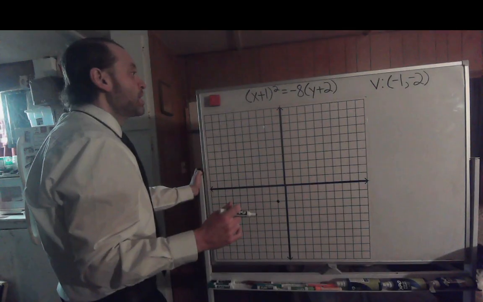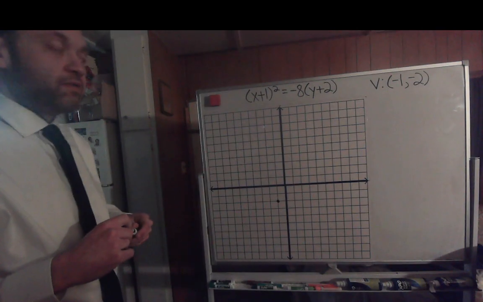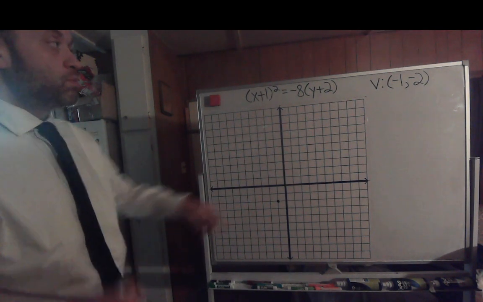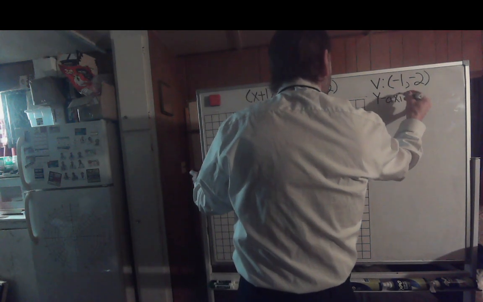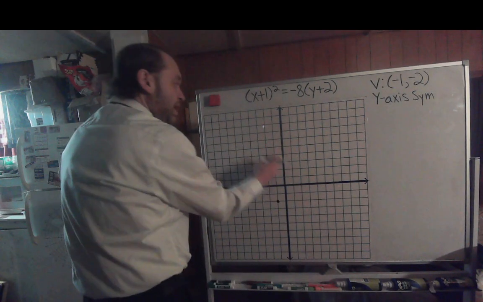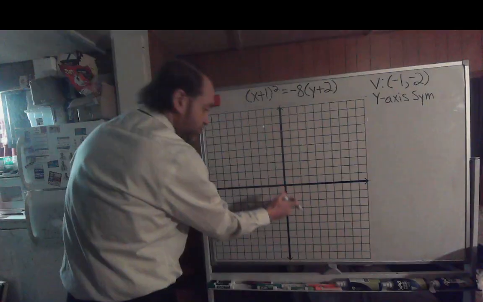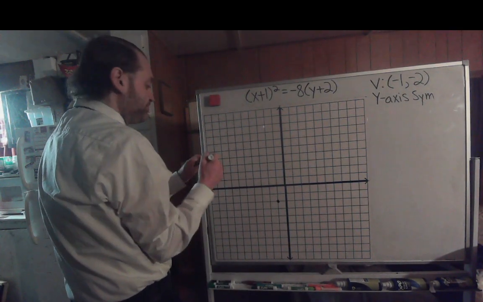Now, what type of symmetry does this have? Well, y is the first degree variable, so it has y-axis symmetry. It's basically going to mimic what it would do if we were putting it on the y-axis, only it's not going to be directly resting on the y-axis since the vertex isn't there.